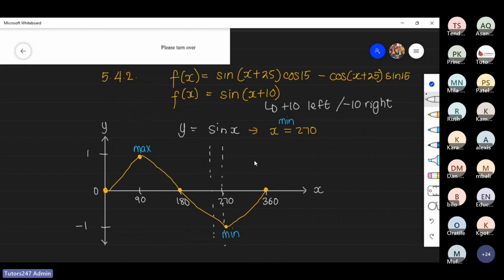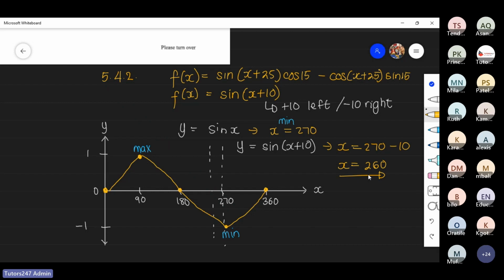We have plus 10, so take 270, shift it 10 units left, and you get 260, okay? So y equals sine of x plus 10, shifted 10 units to the left. It then becomes x equals 270 minus 10, which gives us 260. So our value of x that is going to produce a minimum value when our basic graph has been shifted 10 units left is going to be 260.